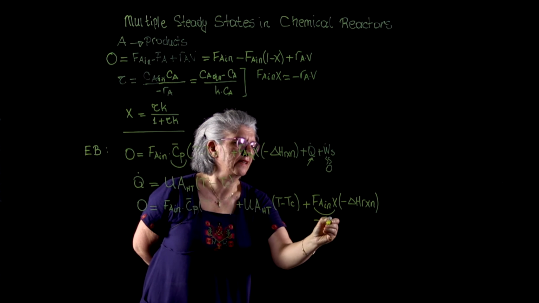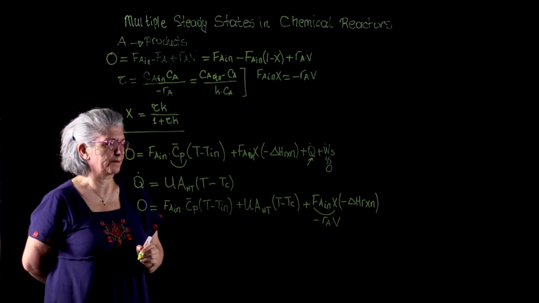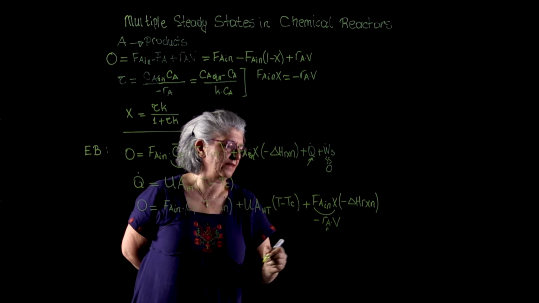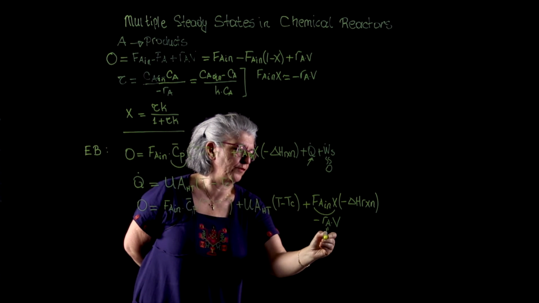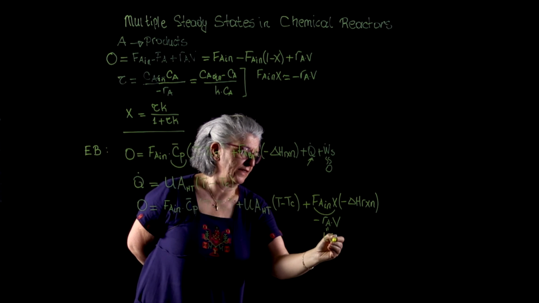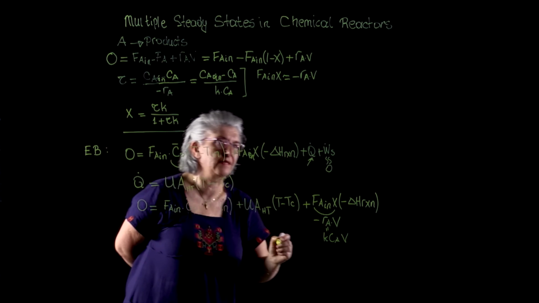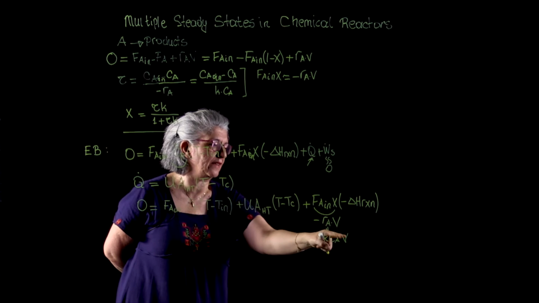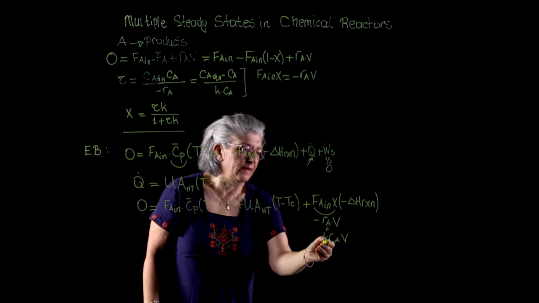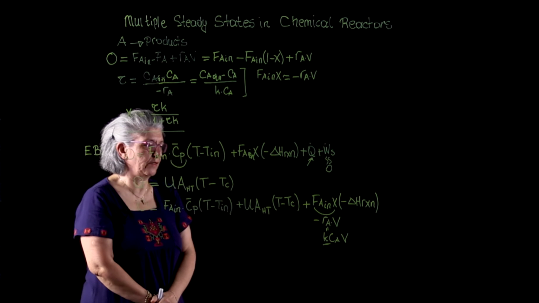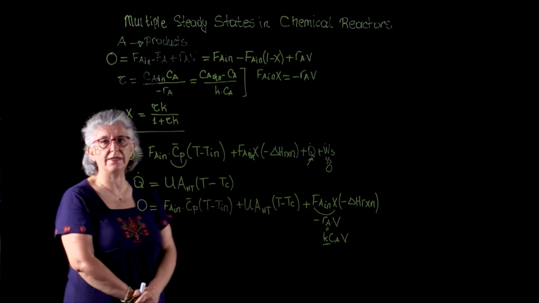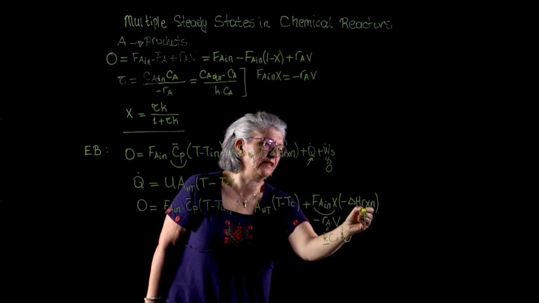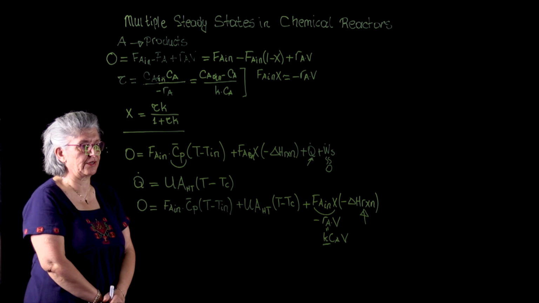Minus RA times V. And this minus RA times V is, of course, from the first order assumption that we have made already, going to be reflected as K times CA times V. K term, as we already know, has a temperature dependency in the Arrhenius form, and also our reaction enthalpy change may be a function of temperature as well.